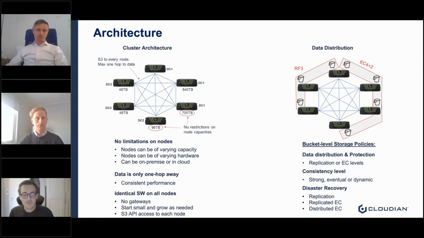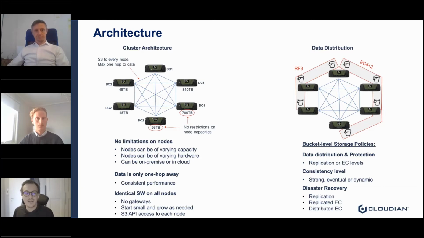And this really means when your application is talking to the object storage system, all the compute power you have in all the nodes in the cluster will bring performance to your application. And it's not a legacy disk storage array underneath where you put some servers on top with some gateways and stuff like that.